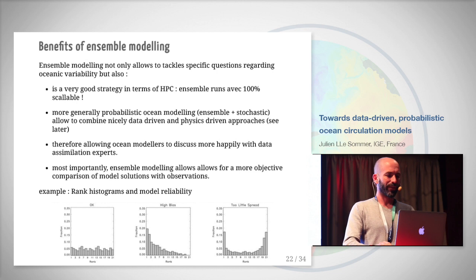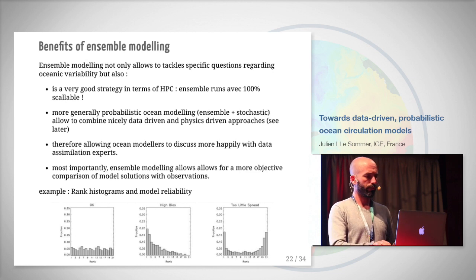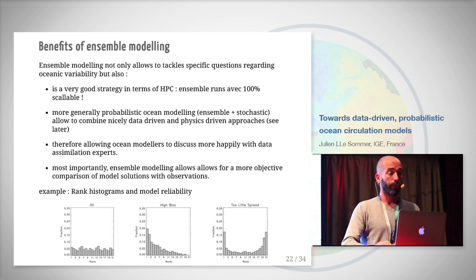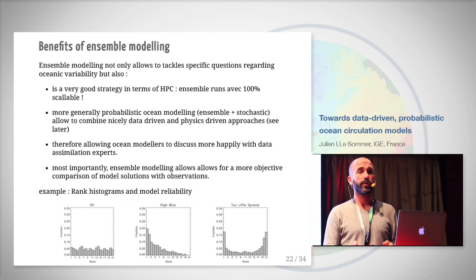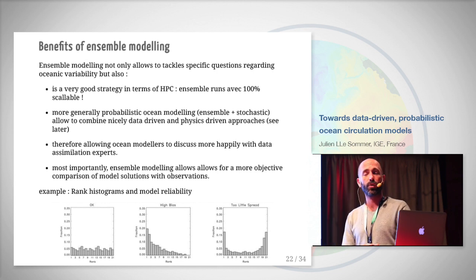Okay, so just summarizing a bit here. What are the actual benefits you can get from this ensemble modeling approach? Well, a number. The first is you have a very good and very cheap strategy to convince your supercomputing center that your model is actually scalable. It's 100% scalable. You have independent models.